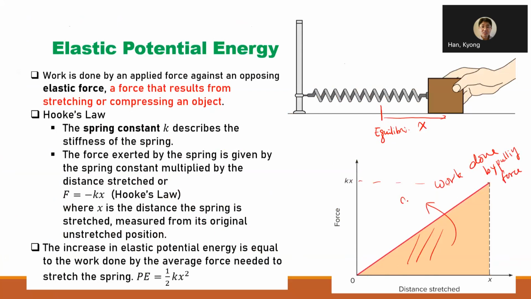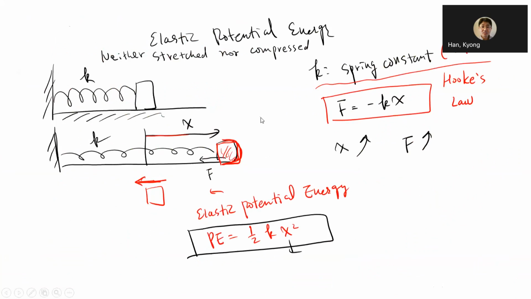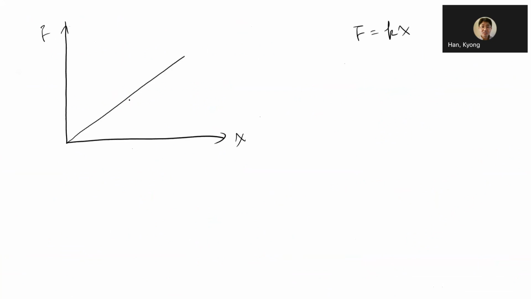This area is a triangle. I guess you can see how to get this. F is the force applied, and x is proportional. F equals kx. Because of Hooke's law, this is a linear line. If the length is x, then we need to find this area.